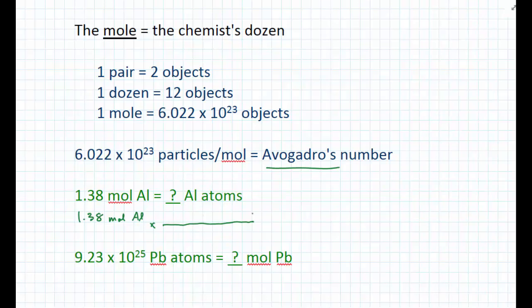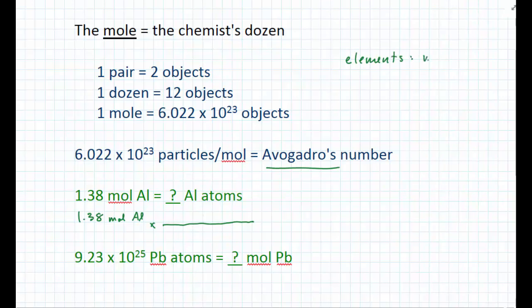If I have 1.38 moles of aluminum, and I want to know how many aluminum atoms that is, the first thing that we need to know is that whenever we say moles of a substance, that means we're counting whatever kind of particles that substance is made of, right? So aluminum is an element, right?